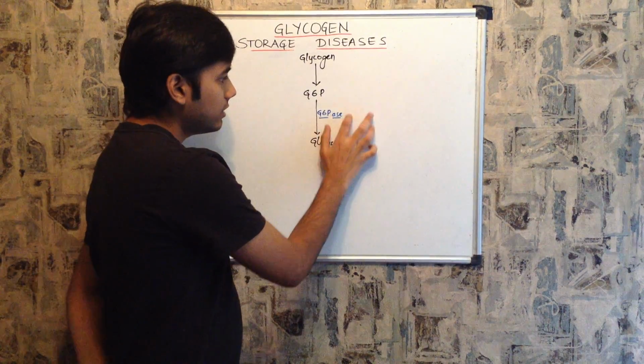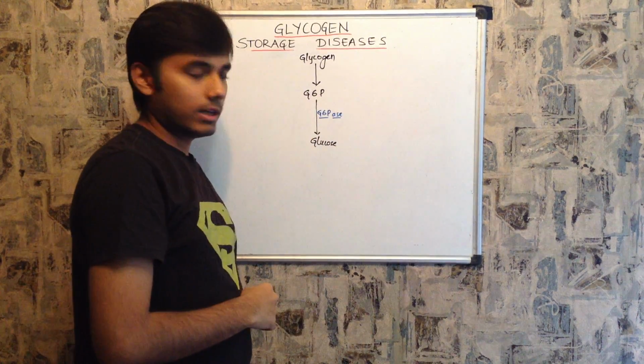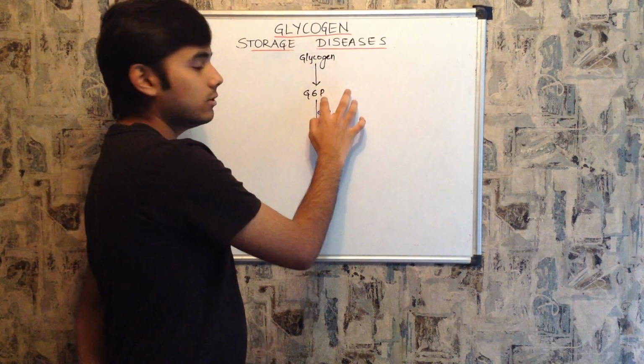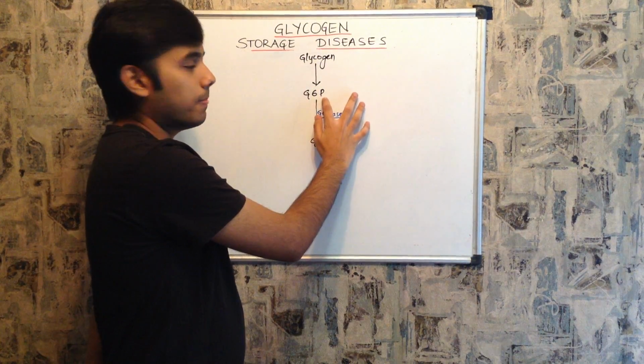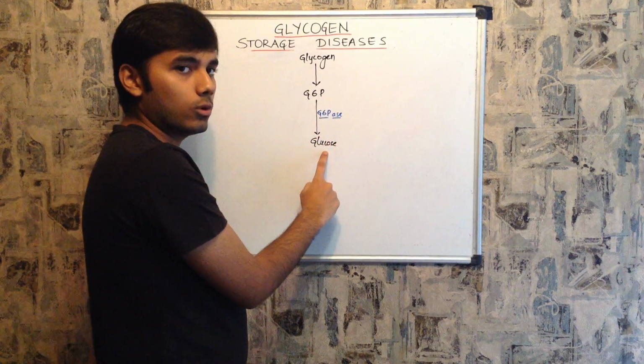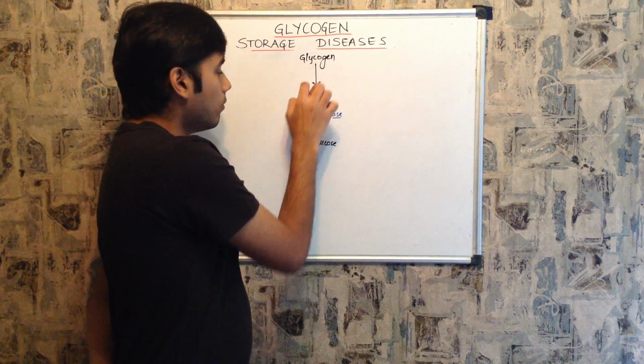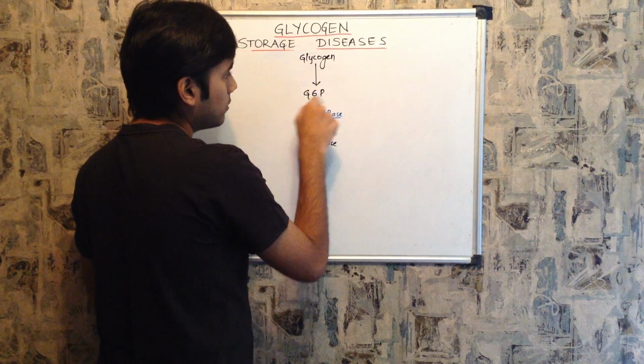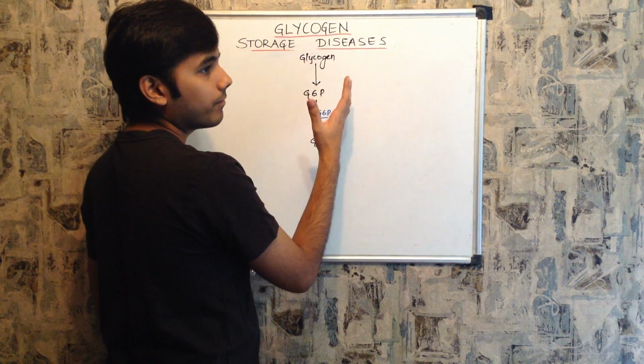Now when there is a deficiency of this glucose 6 phosphatase, what happens? Glucose is not formed, but glycogen converts into glucose 6 phosphate as usual. But from glucose 6 phosphate there is no glucose. So what you need to understand is that the concentration of glucose 6 phosphate keeps on increasing, right?